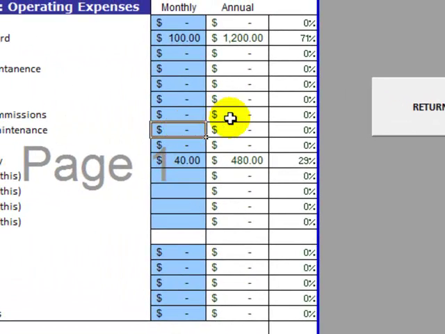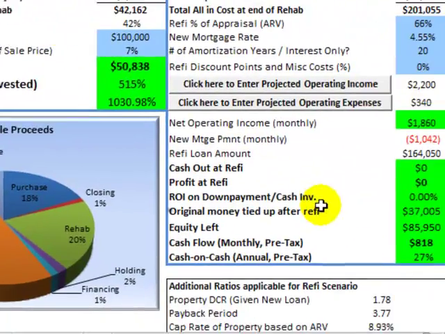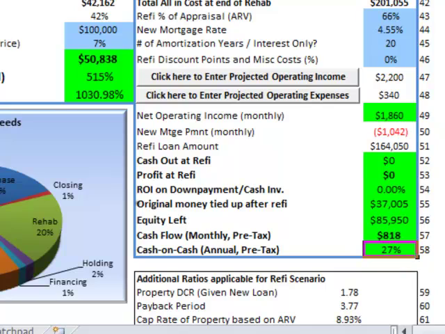Now, if I go here and I stick, let's say, $200 in maintenance a month, that return goes down to 27%. Still, that's a pretty good annualized return on my money, 27%, right?